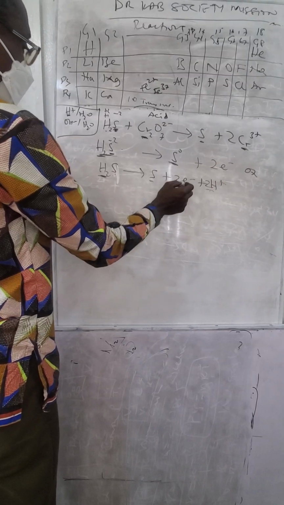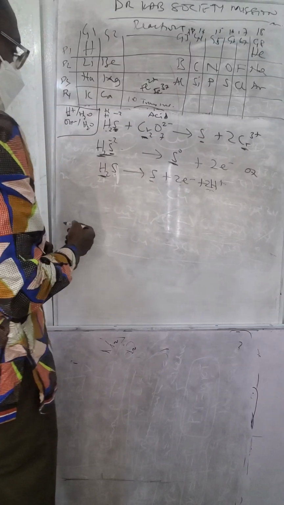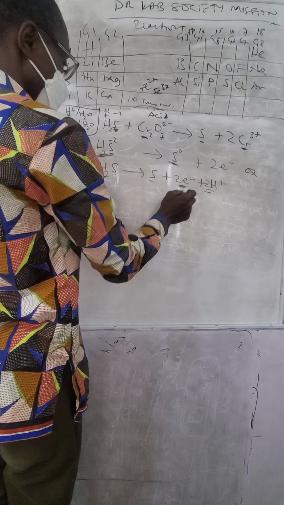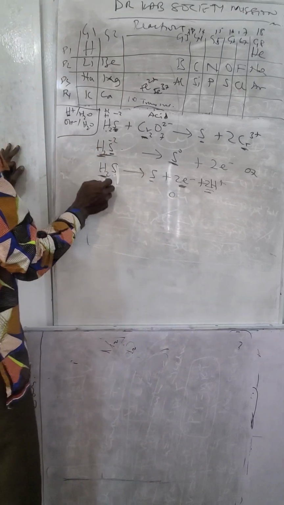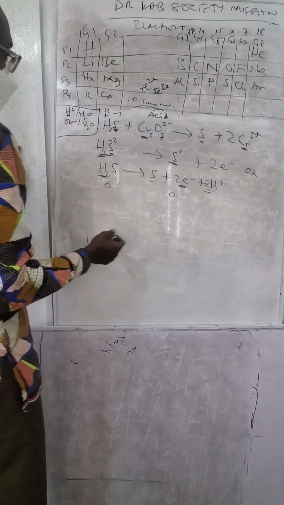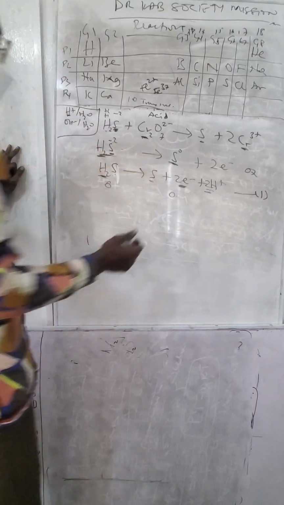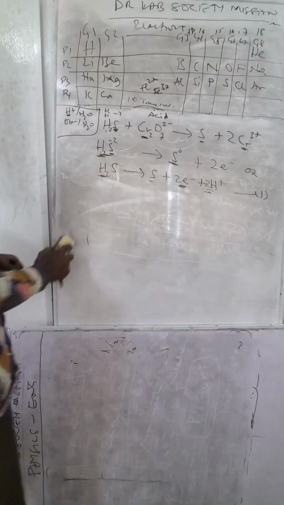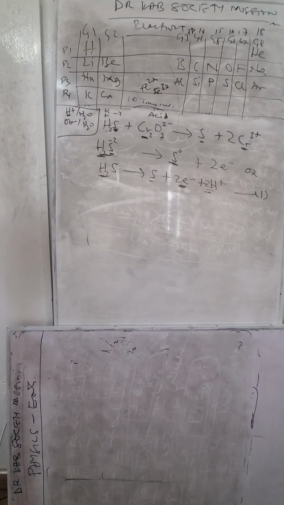But since we are putting it there, let's see how it works out. Here is minus 2, here is plus 2, so the total charge on this side is 0, and the total charge here is also 0, so it is balanced. That's the oxidation part.